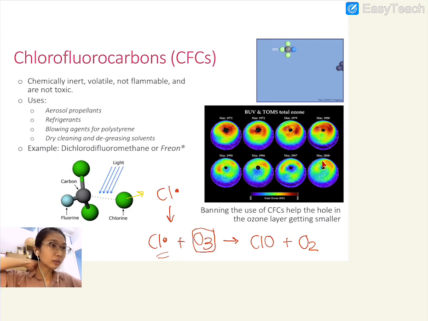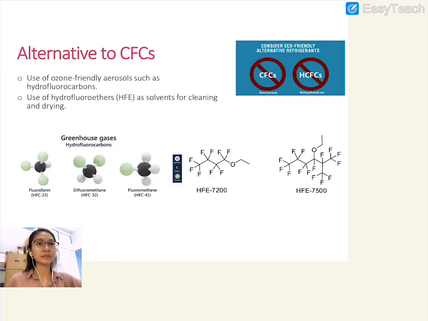And in 2000, the red zone is decreasing, so it means that the ozone layer is recovering. So alternatives to CFCs are ozone-friendly aerosols such as hydrofluorocarbons, and hydrofluoroethers, abbreviated as HFE, as solvents for cleaning and drying.